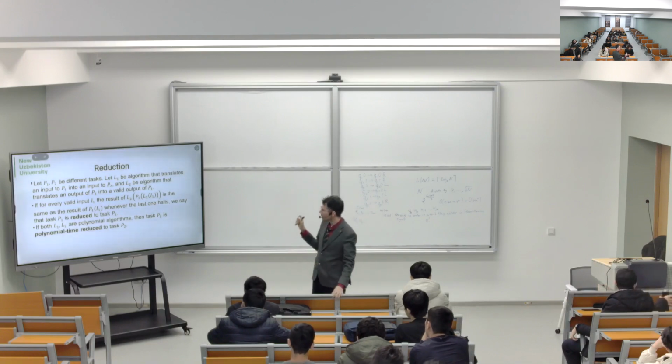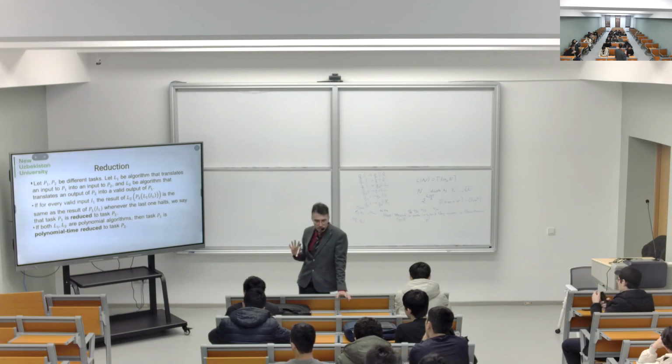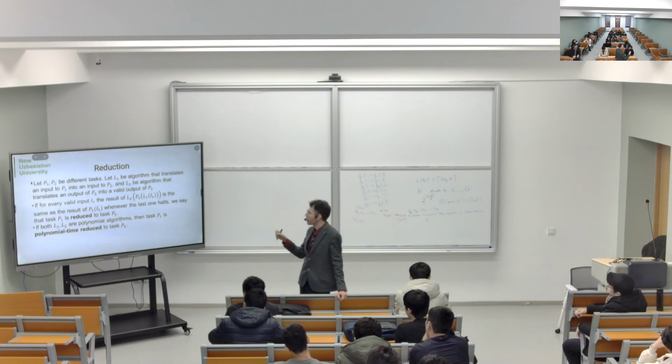Now, let L1 be an algorithm that can translate the input to P1 into the input to P2. We don't know yet whether it works or not. We just say we can translate one input to another input. Then let L2 be an algorithm that translates the output of task P2 to the output of task P1.